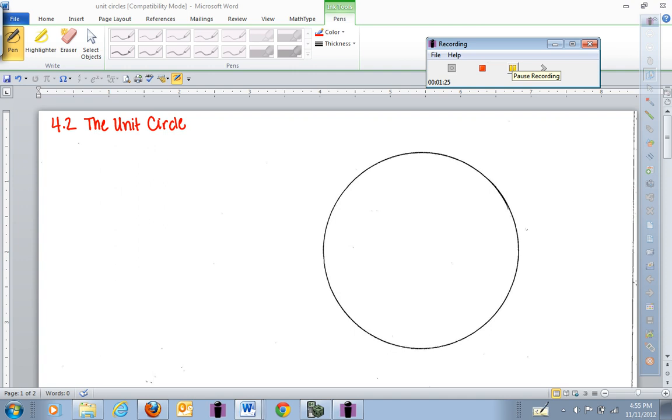Alright, so I want you to take the circle that's on your note card and a straight edge, and I want you to pick out where you think the center of that circle is, and then use that straight edge to draw a set of axes on here so that we are cutting the circle in half vertically and horizontally.